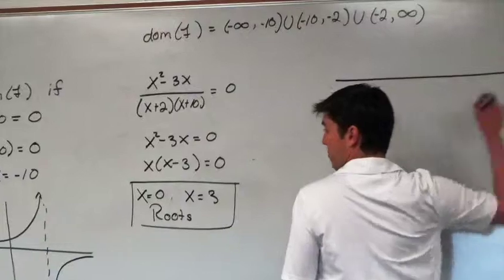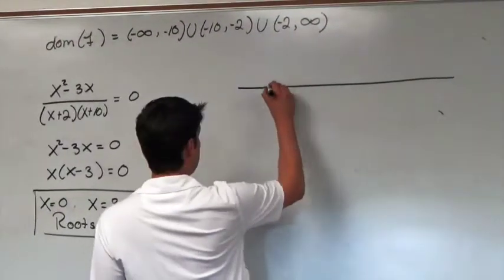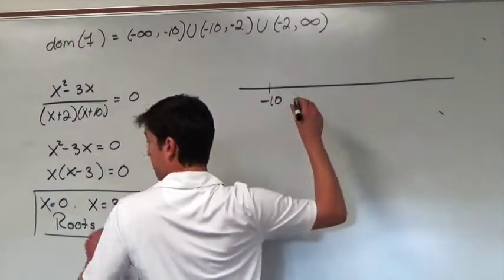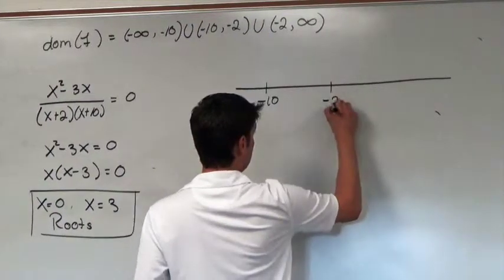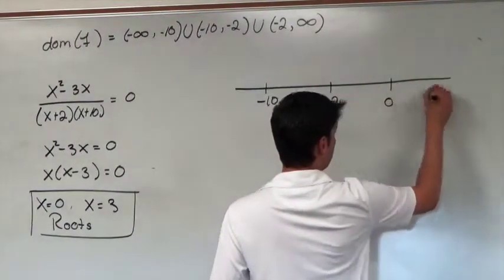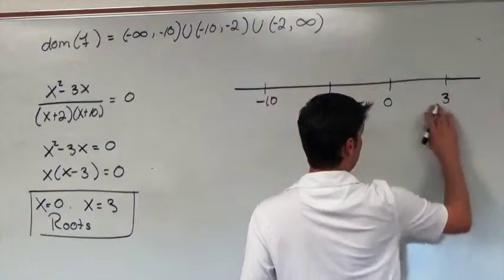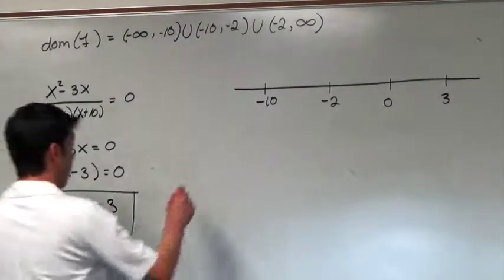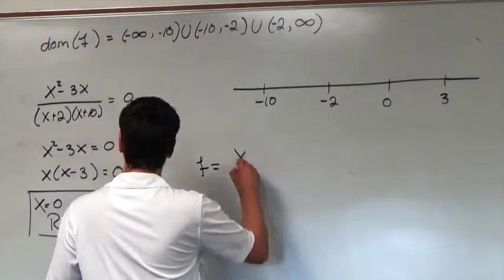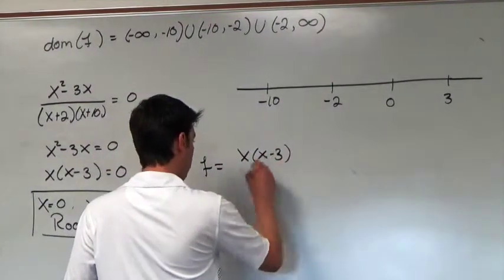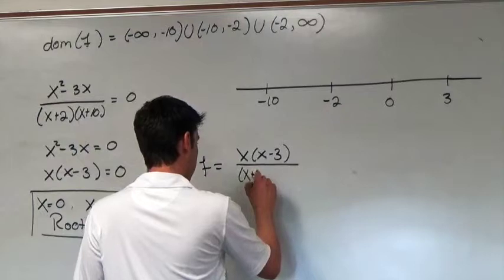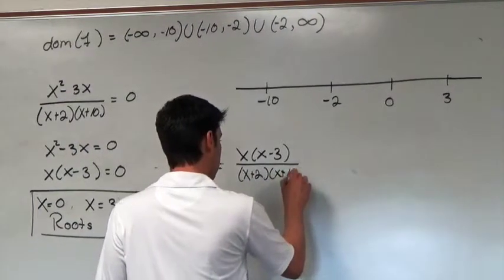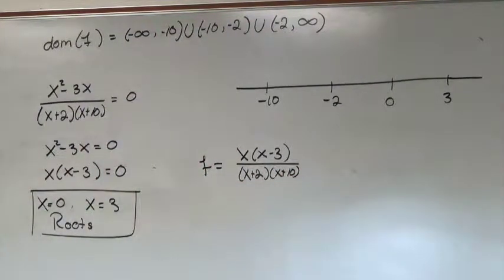So you will plot on a number line -10, -2, 0, and 3. And I'm going to use the factored form of our function. Okay.